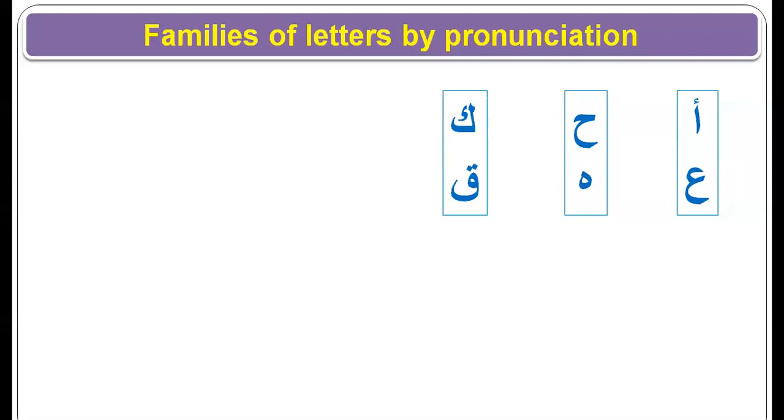Next letters, Kaf and Qaf. Qaf is a heavy letter, Kaf is a light letter. And since they are very close in the articulation point, sometimes Qaf we pronounce it like Kaf, which is wrong. Kaf, Qaf, heavy.